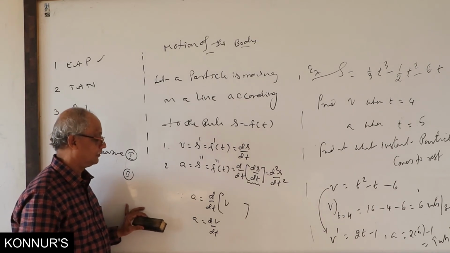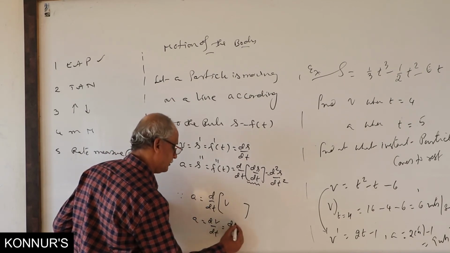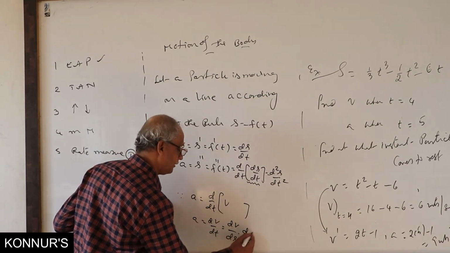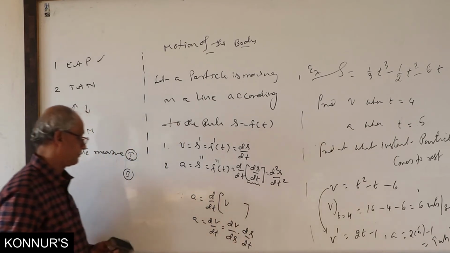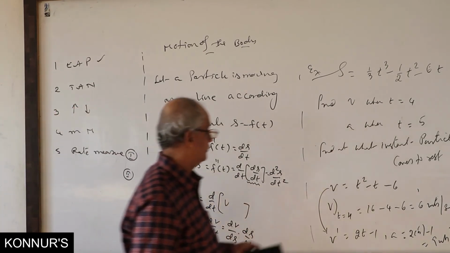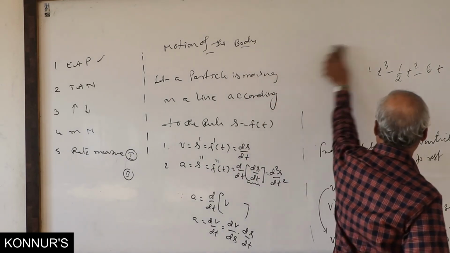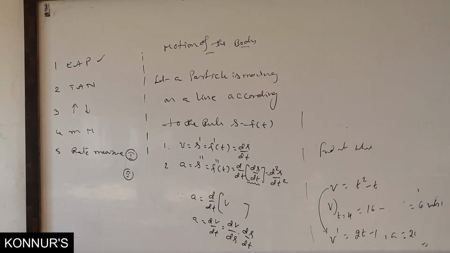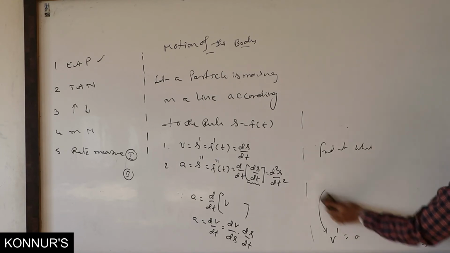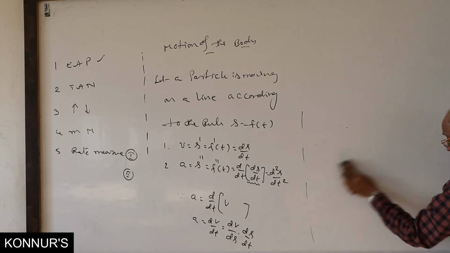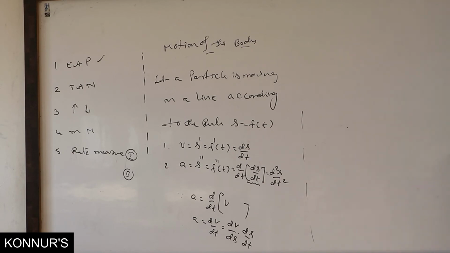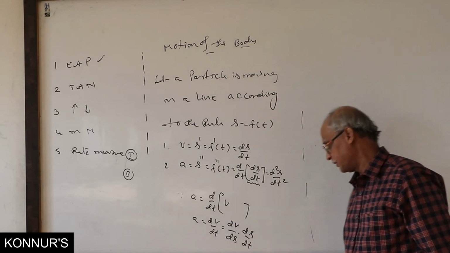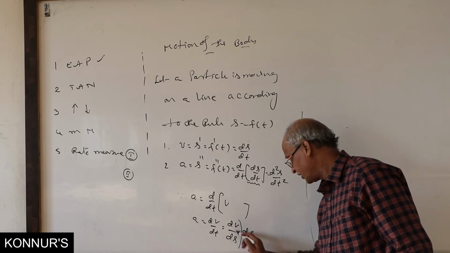Next, this dv by dt I will write with ds multiplied and divided. What is the observation? Actually, velocity means ds by dt. Acceleration means dv by dt. dv by dt I am writing with ds multiplied and divided. dv by ds is a constant number.